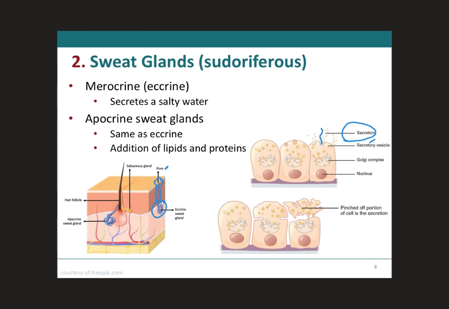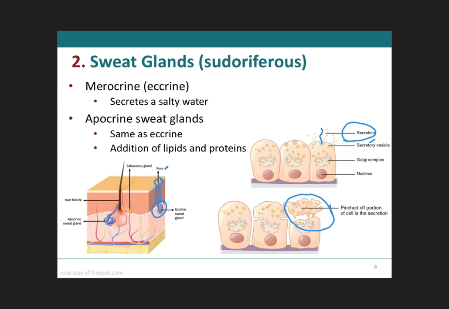In apocrine sweat glands, you would think that it would secrete its contents through the apocrine method of secretion, which means that the apical part of the cytoplasm gets released together with the secretory vesicles, as seen on this image. However, since the nucleus stays intact, the cells do not die.